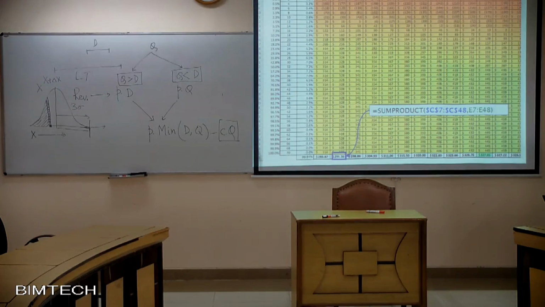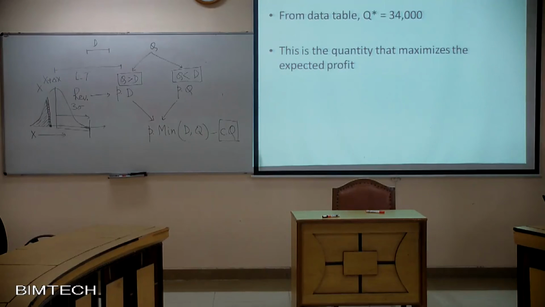This gives a bigger picture with the expected profit numbers at the bottom, and so on. And like I said, this quantity 34,000 maximizes the expected profit.